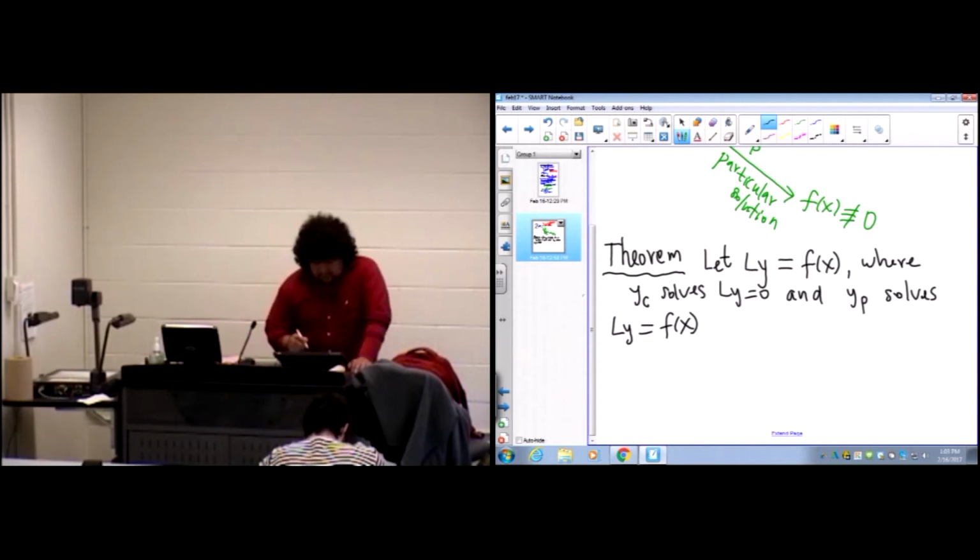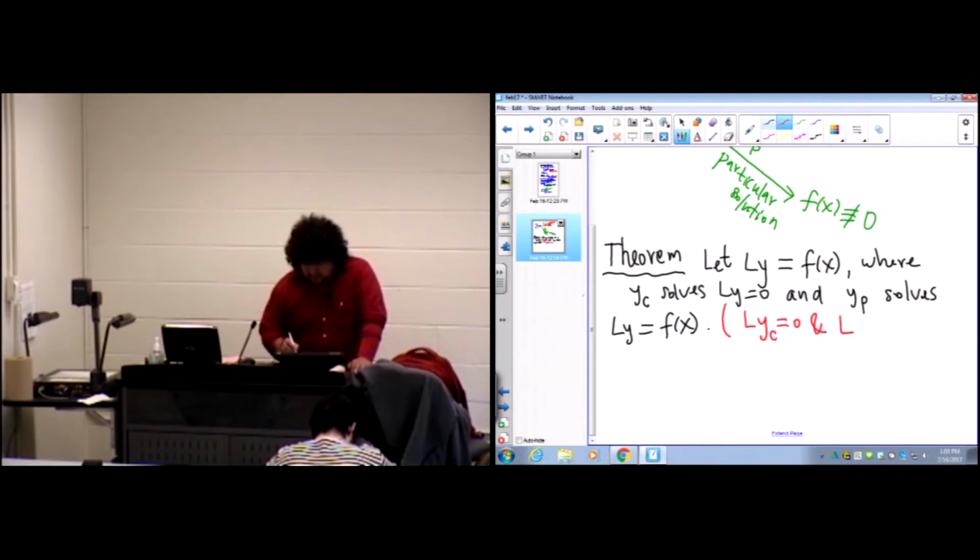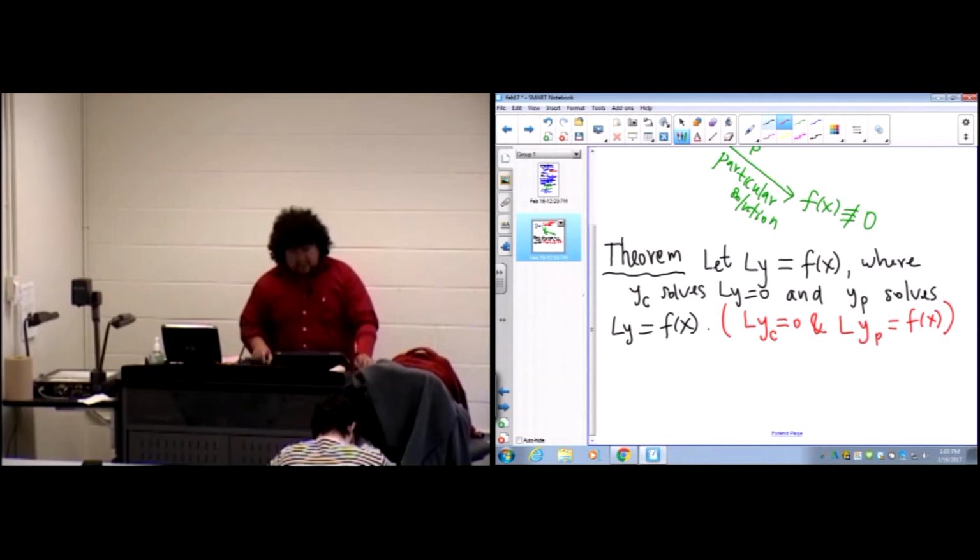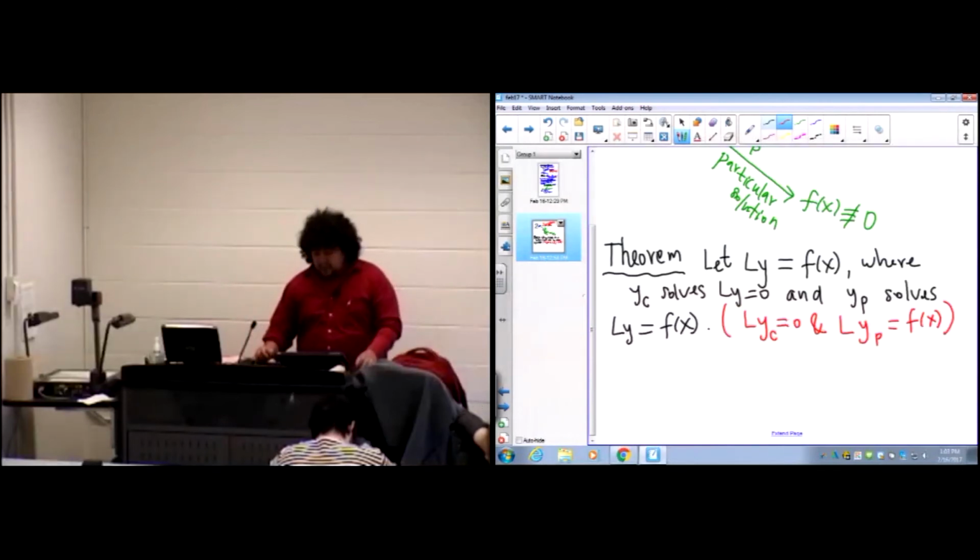What we're saying here is that L evaluated at y sub c equals 0, and the operator L evaluated at y sub p equals f of x. That would be the hypothesis of this theorem. So we have one complementary solution and one particular solution.